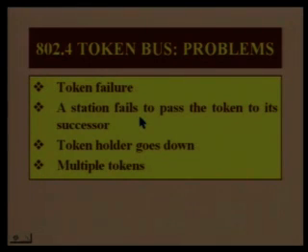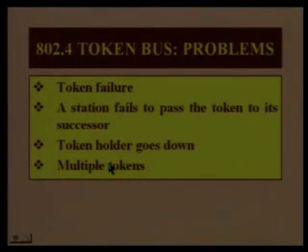Then again this will be a problem. And it might also happen that multiple tokens are present in the network sometimes. How to handle this type of situation? So they have different types of problems in 802.4 compared to 802.3.